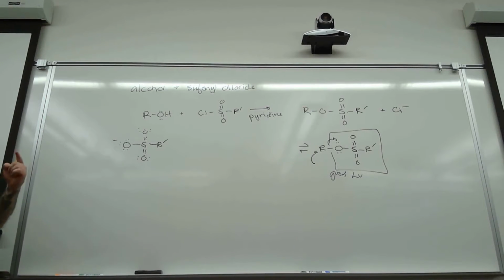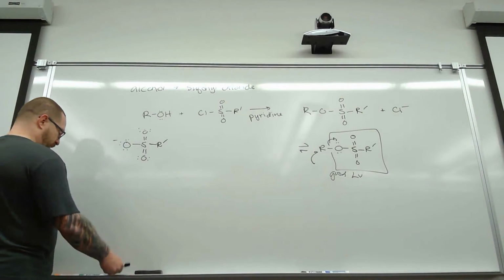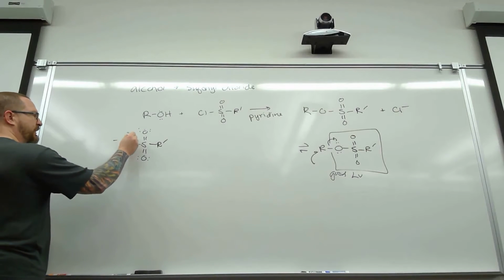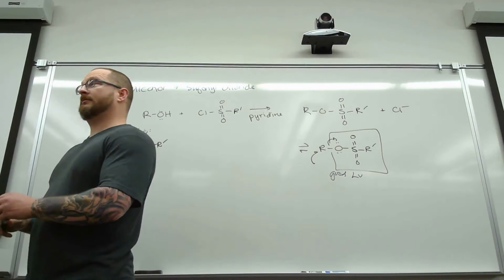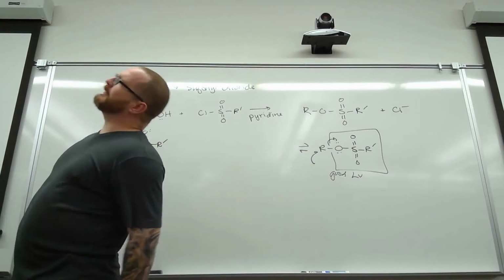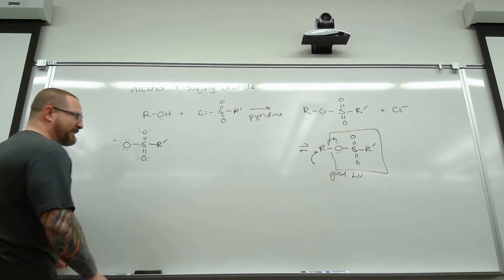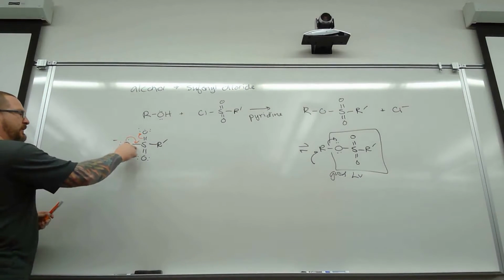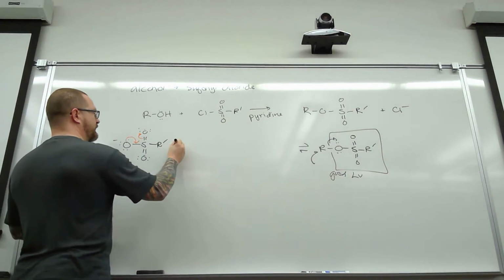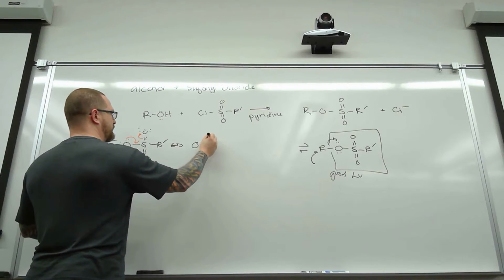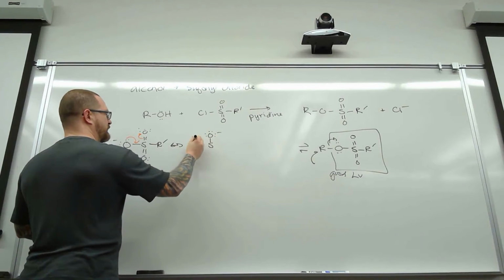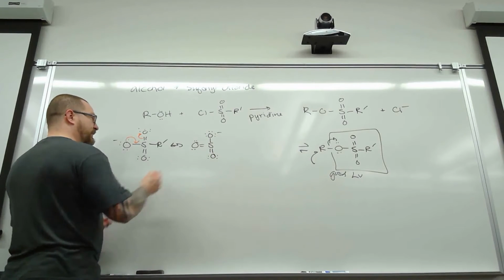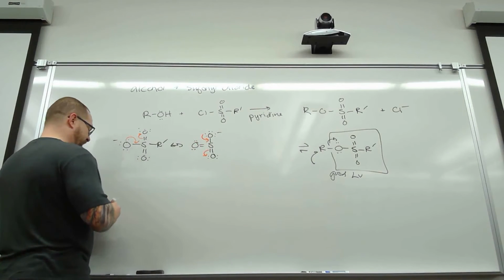It has lots of resonance. We've got three good resonance structures, because we have a formal negative charge here. These electrons can go down here, pushing these electrons up, putting the negative charge on this oxygen, but these electrons can come down and push those electrons just as easily.